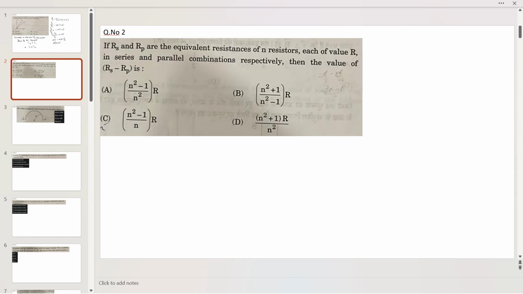Here RS and RP are the equivalent resistance of N resistors, each of value R, in series and parallel combination, then the value of RS minus RP. So this is nothing else.